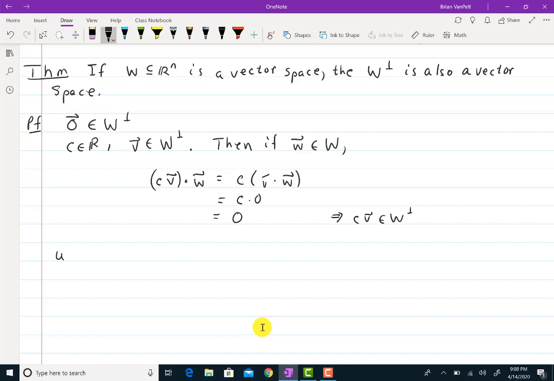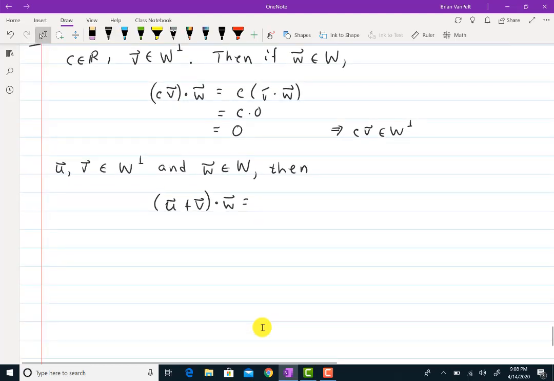Now finally, if u and v are in W perp, and w is in W, then u plus v dotted with w equals, using the distributive property, u dot w plus v dot w.